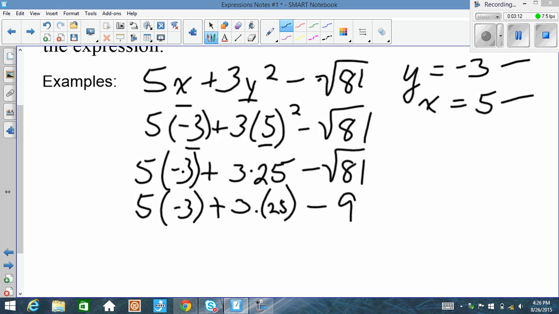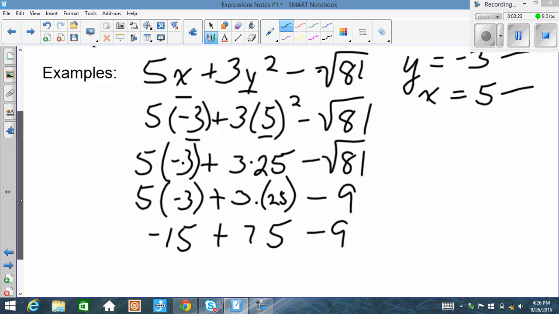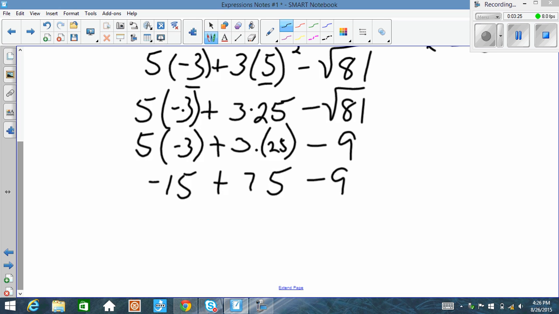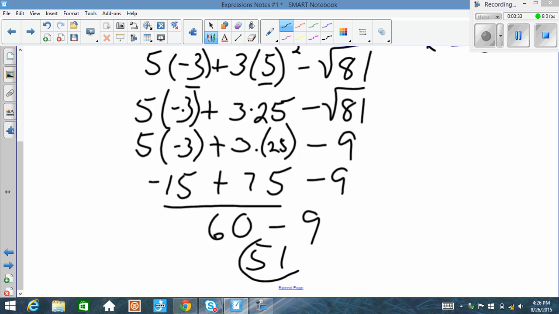Then we follow the next step, which would be multiplication. 5 times -3 is -15, plus 3 times 25 is 75, minus the 9. Then we would combine like terms from left to right, and we would get 60 minus 9, and 60 minus 9 is 51.